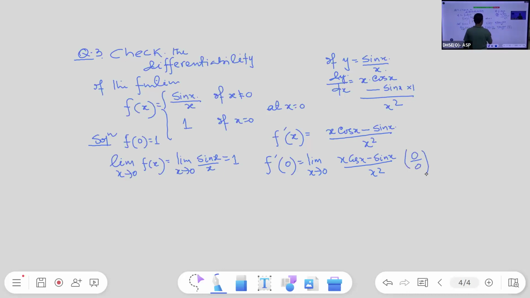This is equal to limit x tending to 0 of the derivative of x cos x, which is cos x minus x sin x, minus the derivative of sin x, which is cos x, divided by the derivative of x square, which is 2x. This is by L'Hospital's rule. Cos x minus cos x cancels, and x cancels. This is equal to minus 1 by 2.